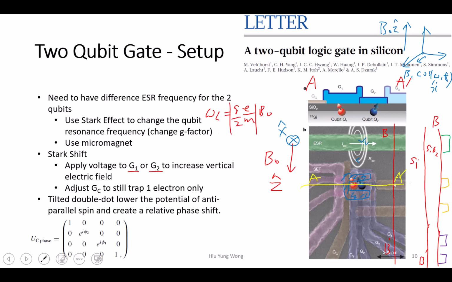And because you have different normal frequencies, you remember that when we do this Rabi oscillation, the best is when your omega 1 equals the normal frequency. So by doing this, we change the frequency of this electrical current. Then we will have different frequency of this omega 1, which is the magnetic field in the x direction. And then we can choose which one to process. That is the first thing about the Stark effect.